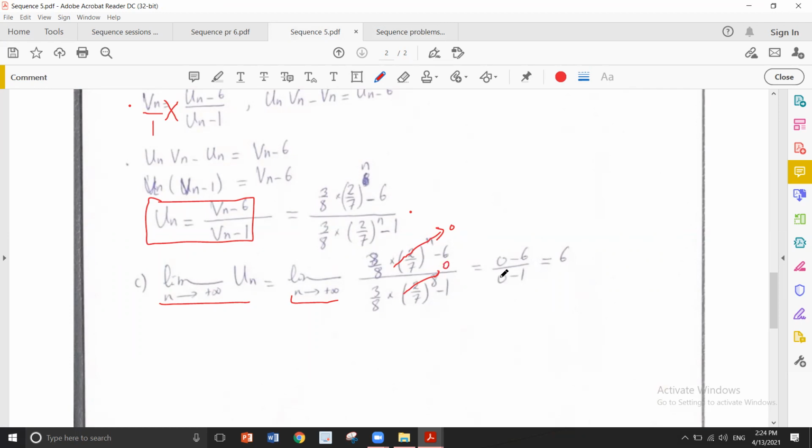We get 0 minus 6 over 0 minus 1, we get 6. Here it is 2 over 7 to the power n, not 8 to the power n.